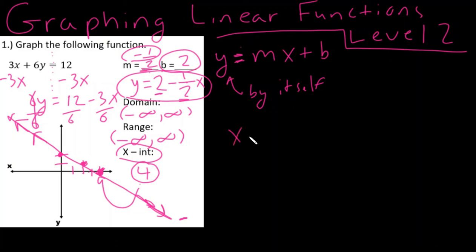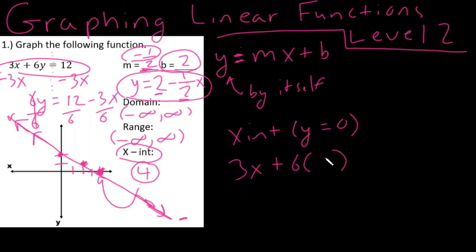Well, we know that the x-intercept is going to be where y equals 0. So how do we tackle that? Well, we take our original function, 3x plus 6, but instead of y, we're going to put a parentheses, and we're going to plug in that 0, is equal to 12. Now we know 6 times 0, that's 0.